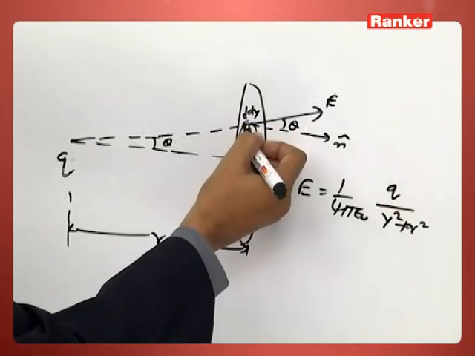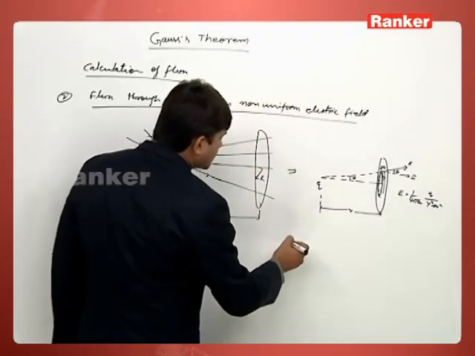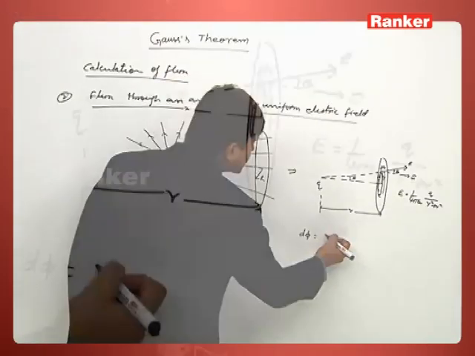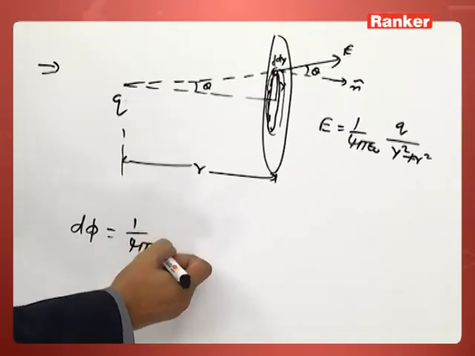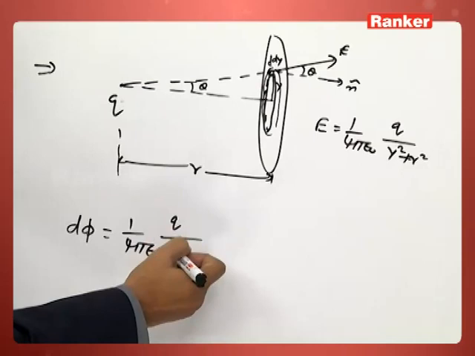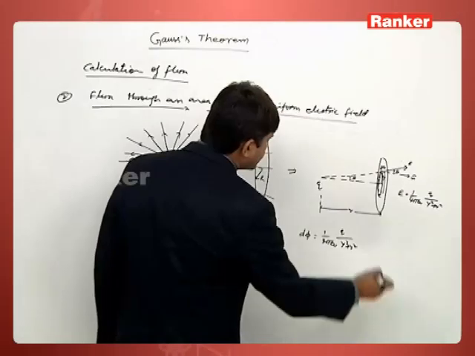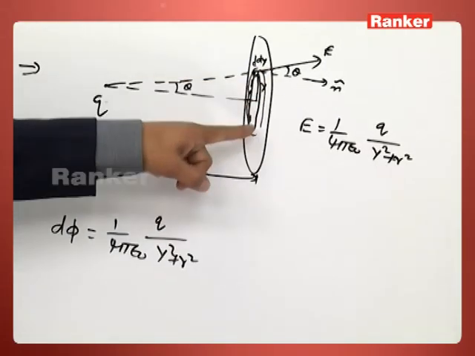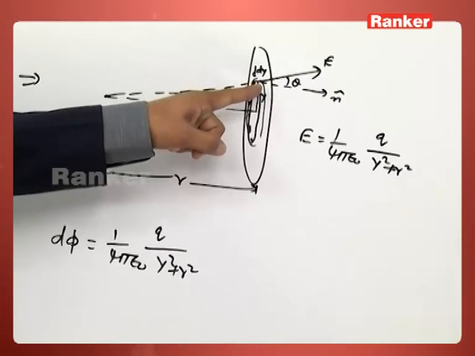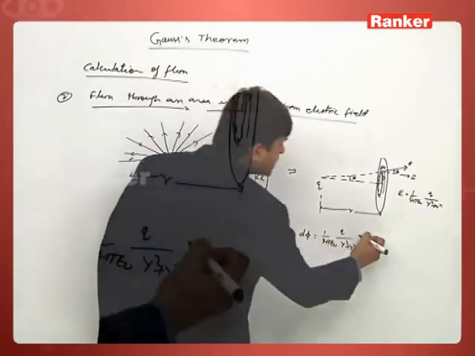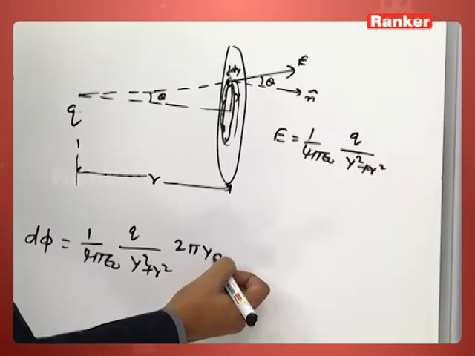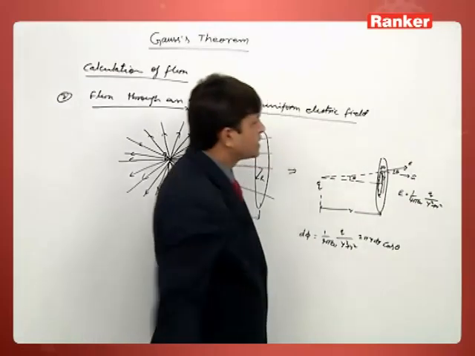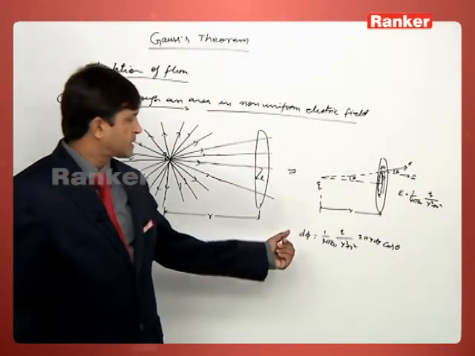The flux through this small area is written as electric field, 1 by 4 pi epsilon naught q by y square plus r square, into the area of this ring of thickness dy and radius y. The area of this ring will be 2 pi y dy, into cos theta. This is the flux.